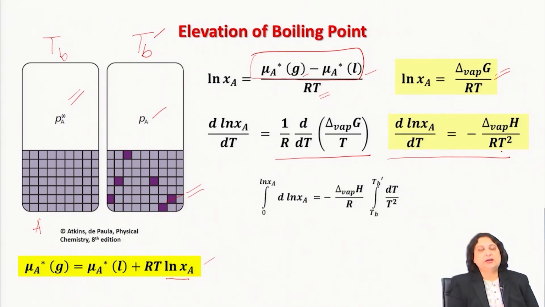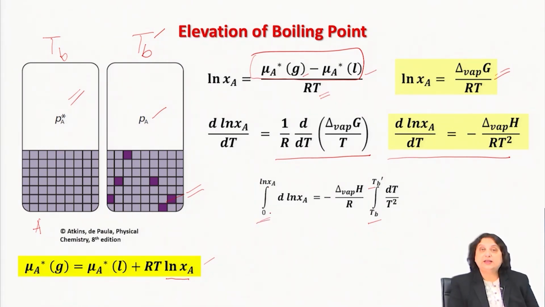I am going to integrate this from the initial boiling point Tb to the new boiling point Tb prime, such that I have the corresponding d ln Xa going from 0 to ln Xa. Why is this 0?